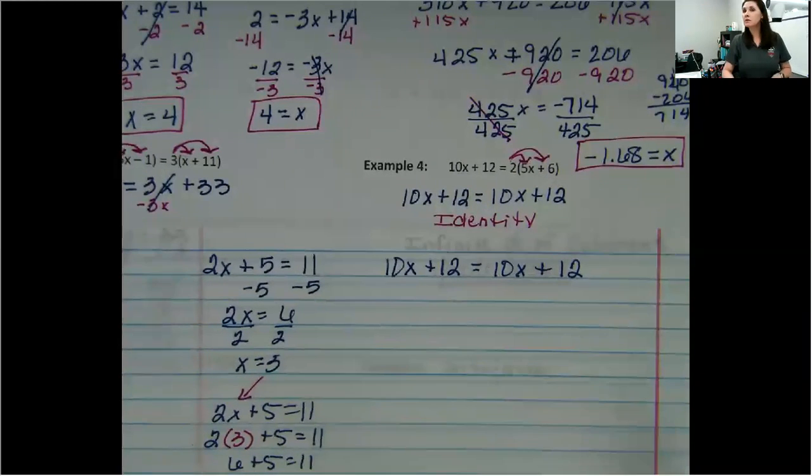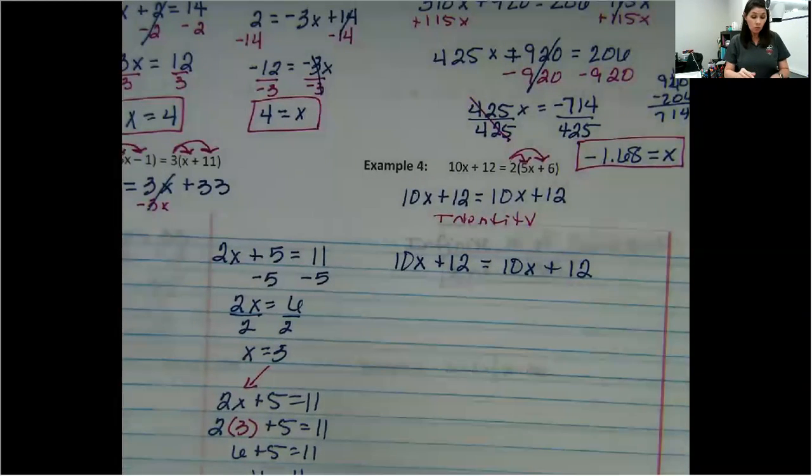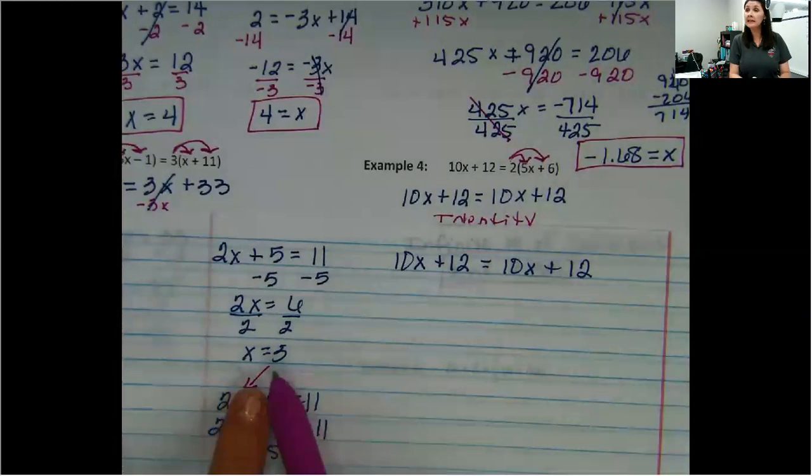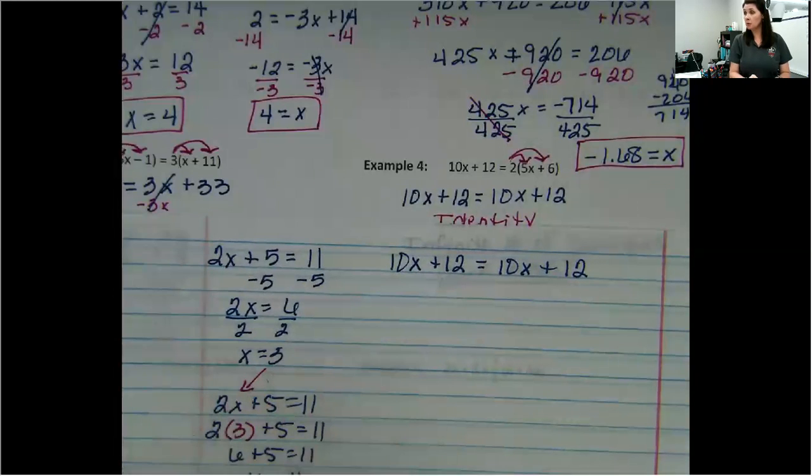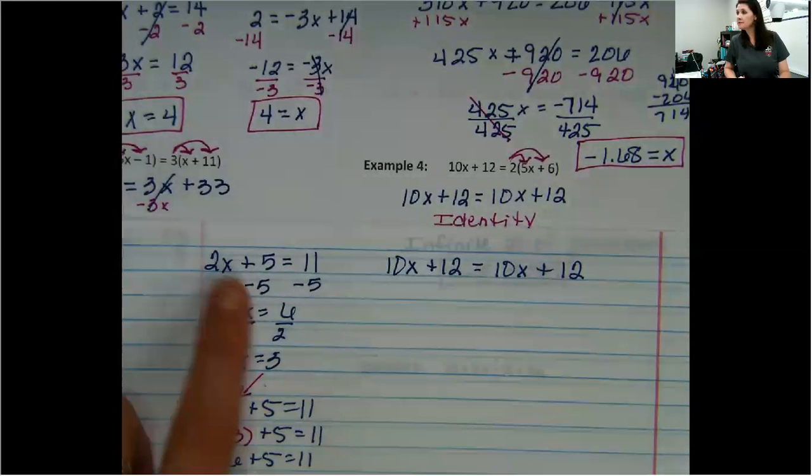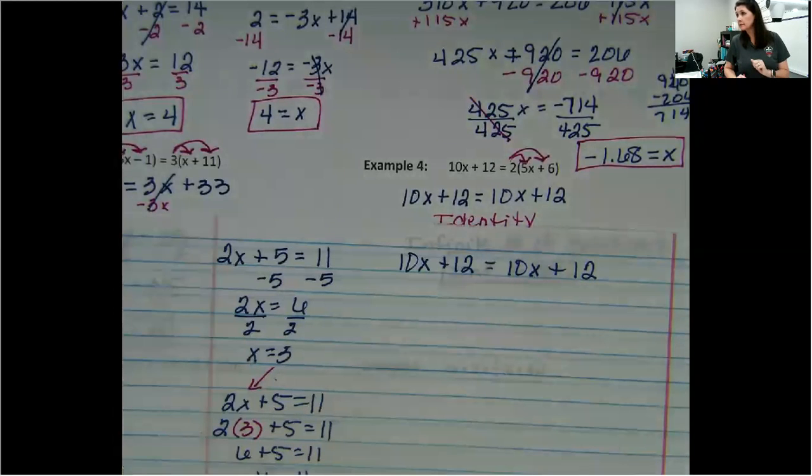It checks out. So 3 is a solution to this equation, because when I plug it back in, it makes the left side equal the right side, which means it makes the equation true. If I were to plug 1 into this equation, it would come out false, because my left side would not equal my right side. Does that make sense?